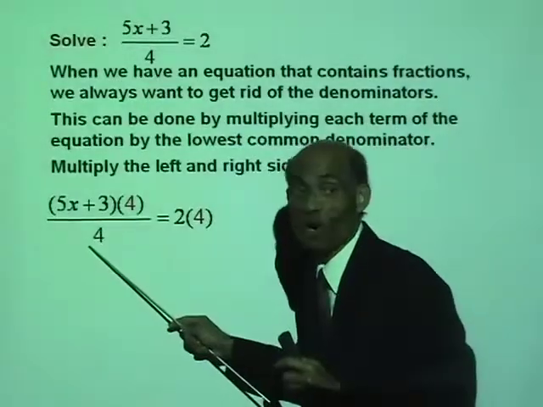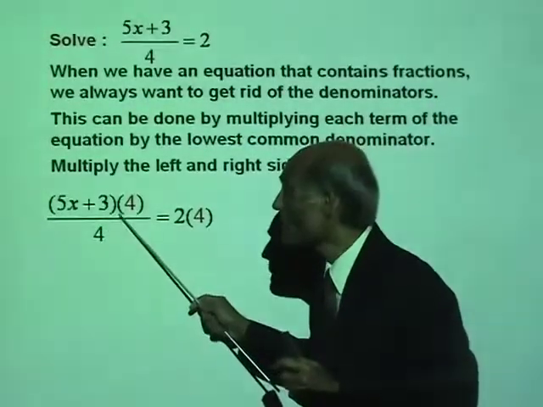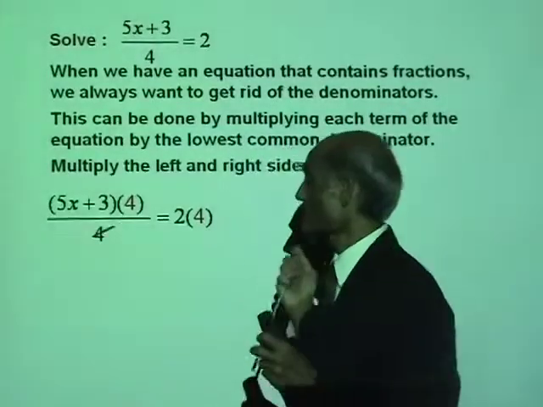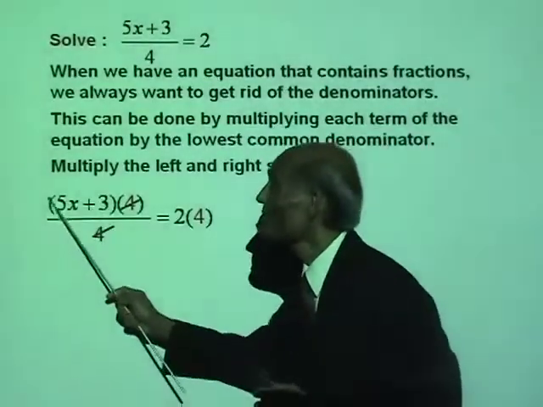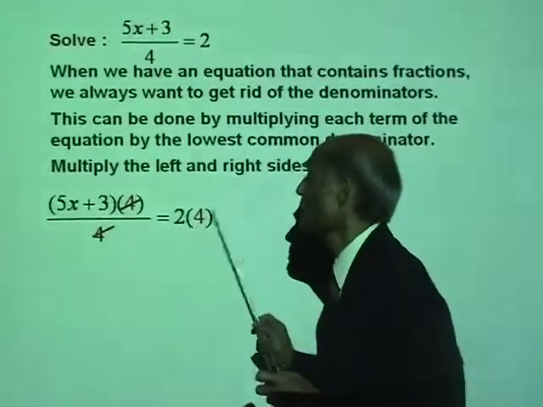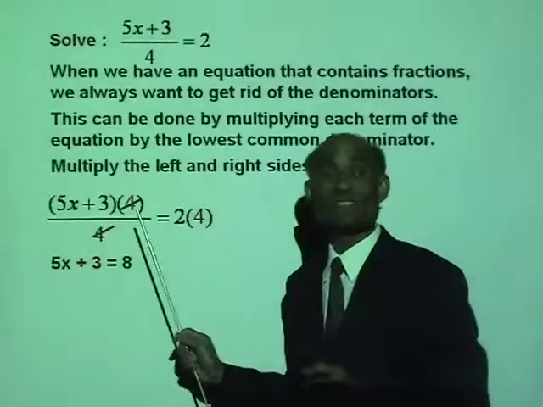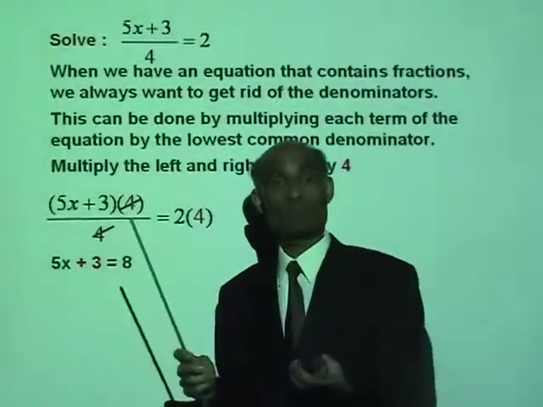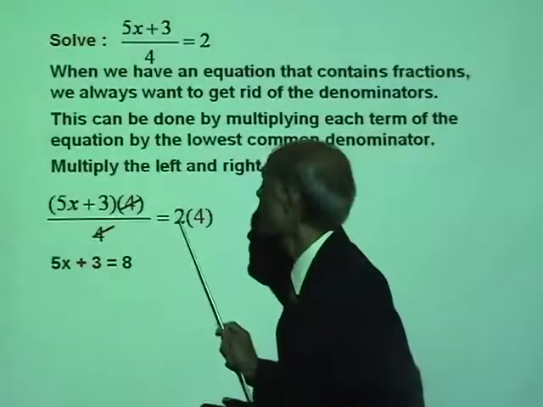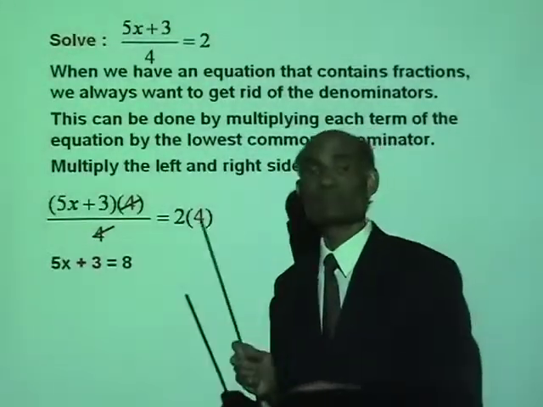Now, this 4 on the denominator will cancel with the 4 on the numerator. There you are. Leaving the left side as 5x plus 3 and the right side equal to 8. You see how simple the equation became. The equation now is 5x plus 3 equal to 8.